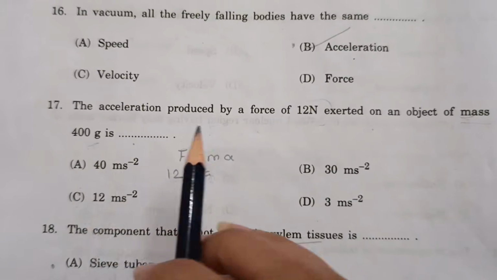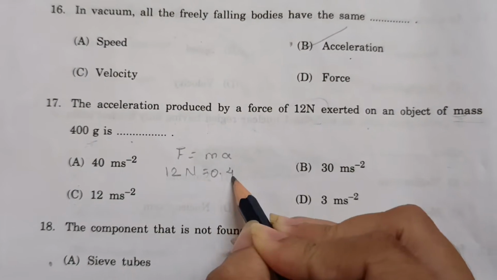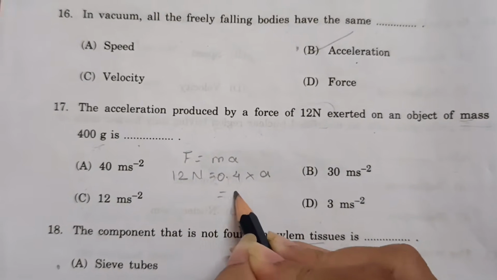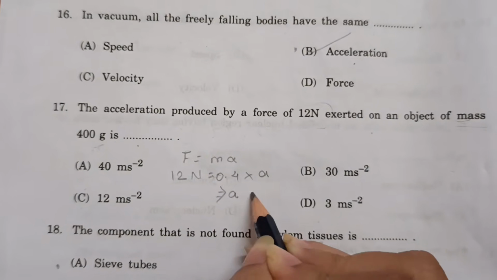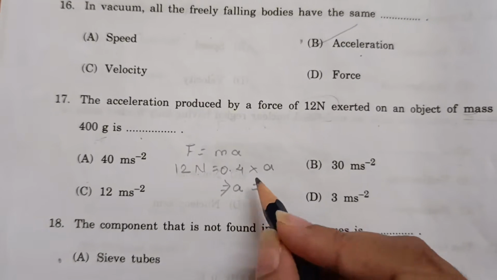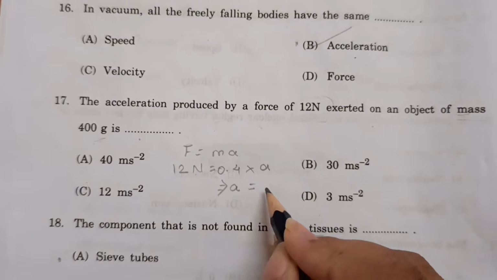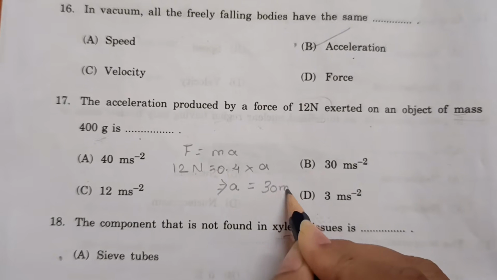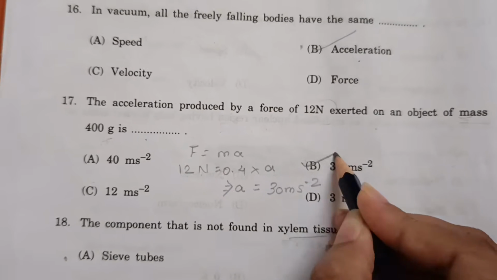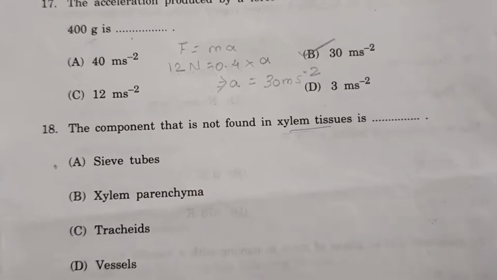We have to convert it into kilogram. After converting, we will get 0.4 kg multiplied by acceleration. After solving this, the acceleration will be 30 meter second raised to minus 2. So the correct option is B, 30 meter per second square.